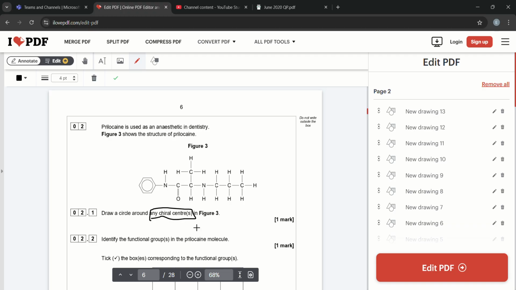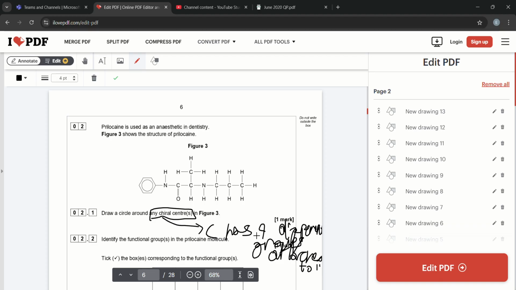There's only one. And a chiral center, remember, is when a carbon atom has four different groups attached to it.